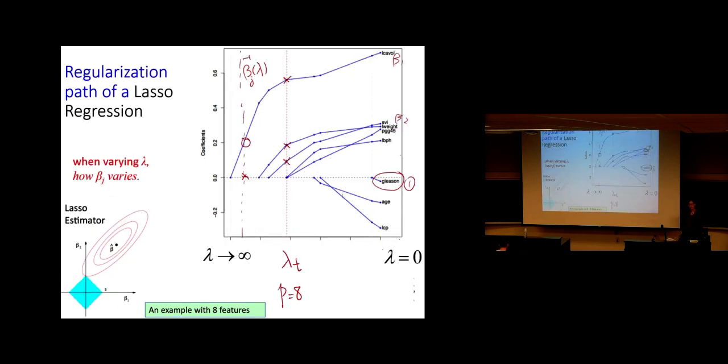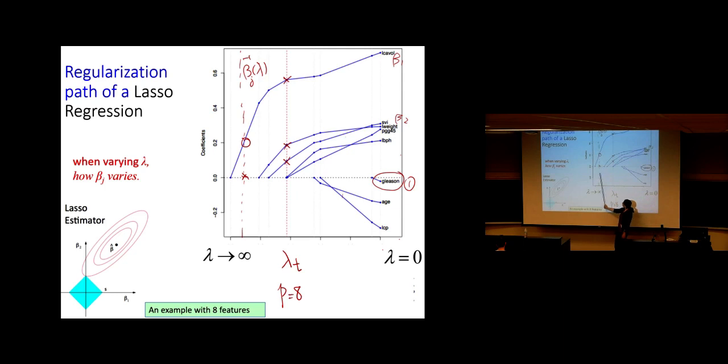You can do the same thing for the lasso, and this is also called a regularization path. We said the lasso has a feature selection functionality, which is very clear from the regularization path.